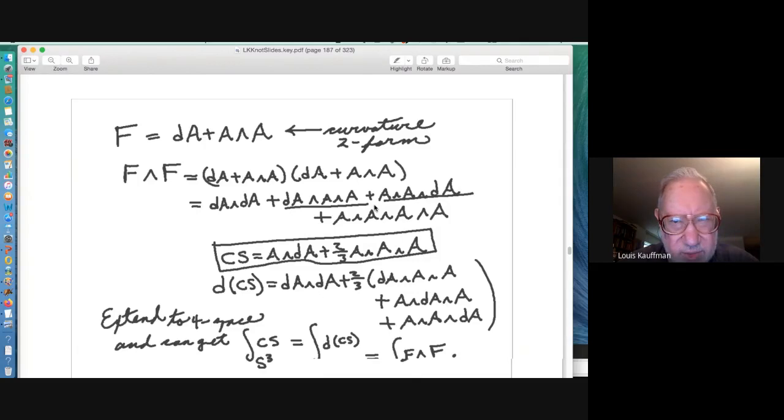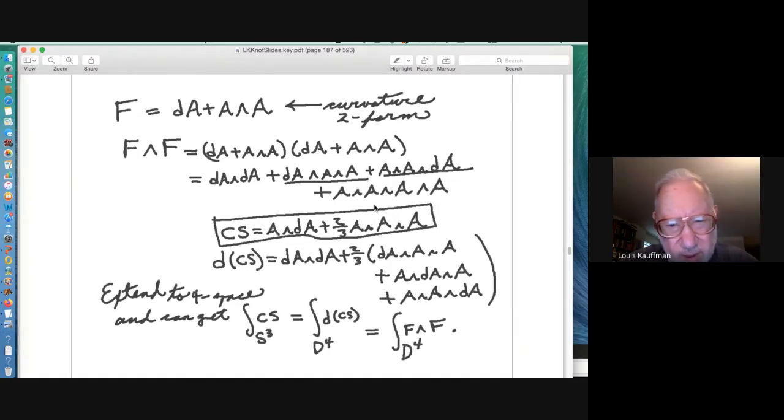The other thing is, what is this Chern-Simons form? It's worth looking at this for a moment just to get the context. If you take F wedge F and multiply it out, you see that you get something.